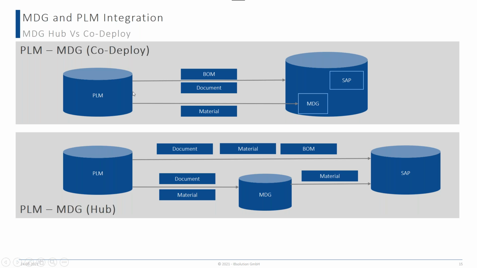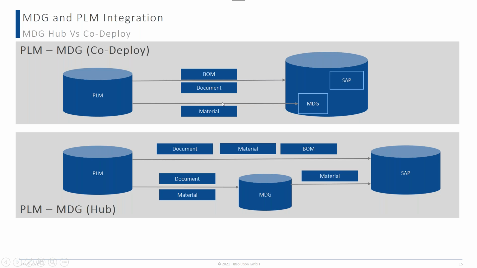If we talk about MDG as a co-deploy, once the bill of material and documents are ready in the PLM system, they will be directly sent to the SAP system. But the material information, generally for the creation request we talked about just before, will go to the MDG.